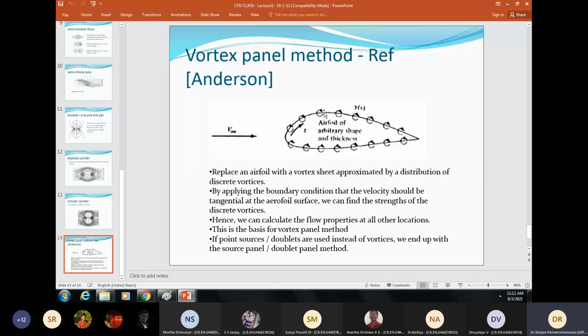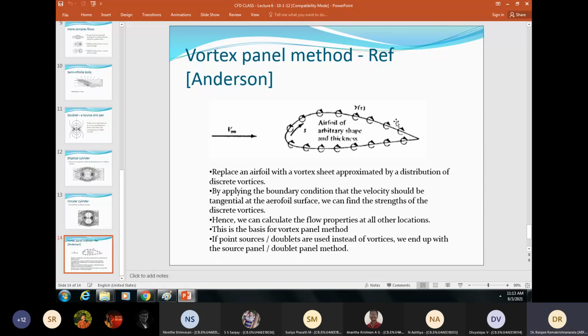That will have a separate formula. Whenever you are adding the potential due to all the vortices and the free stream, you get one equation at a control point. If you have n control points, you have n equations. If you have n vortices, you will have n unknowns. So n vortices, n unknowns, you can find the strengths of all these vortices.